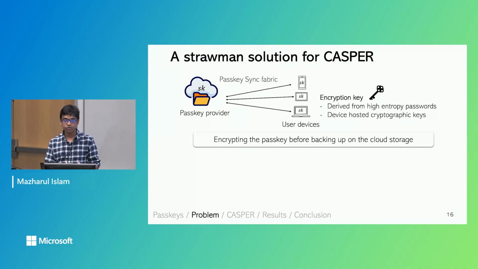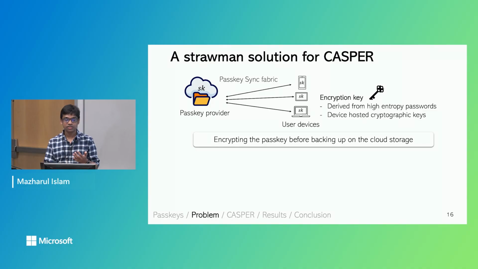The encryption key could be derived from a high entropy password that is remembered by the user, something like a master password, or from a cryptographic key that is created by one of the devices the user has access to.